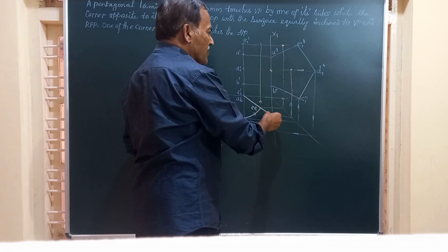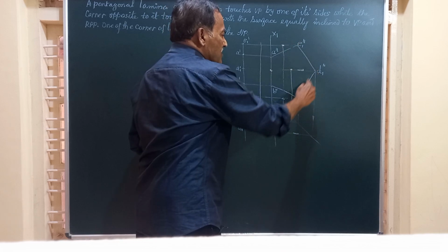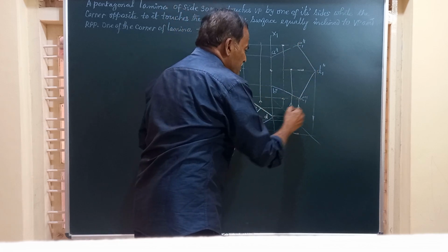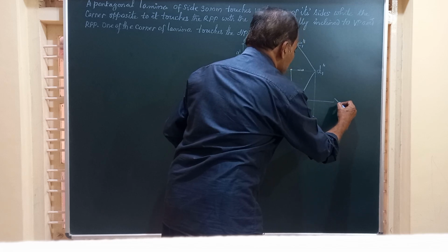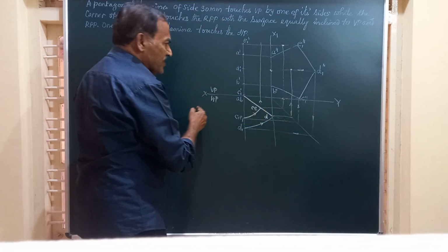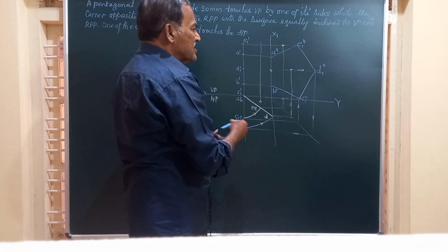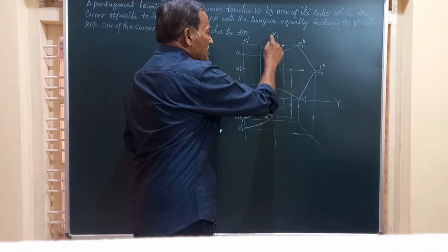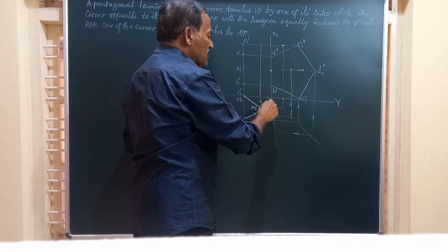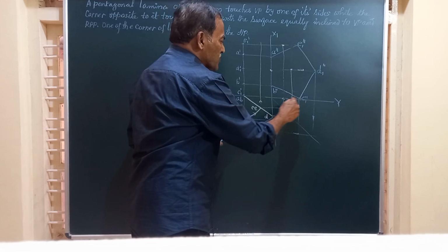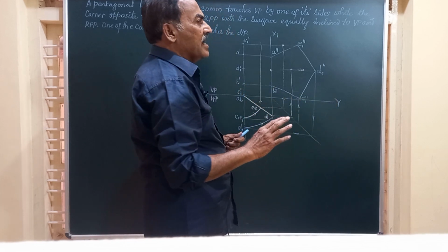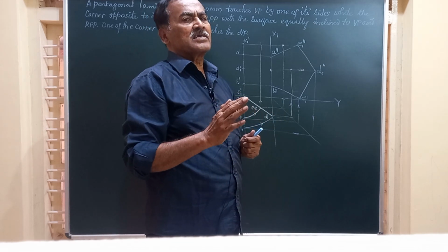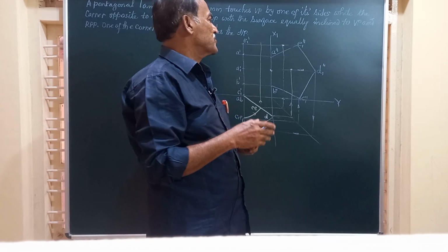Mark that x1, y1. After construction of this figure, draw a line passing through this corner C, and this will represent the XY line. So you have to construct the pentagon first, write x1, y1 through the edge AB, then through the corner C, you have to write the XY line and obtain the front and top views of the lamina.